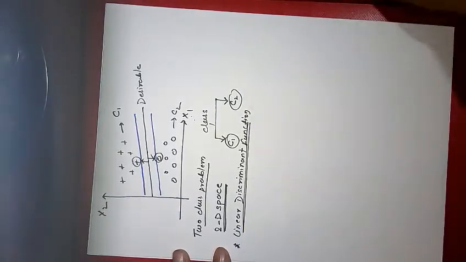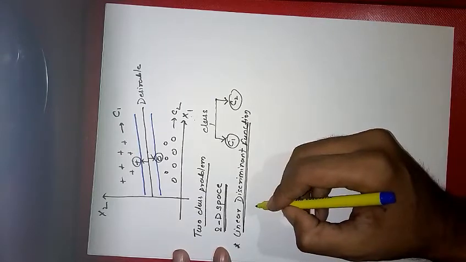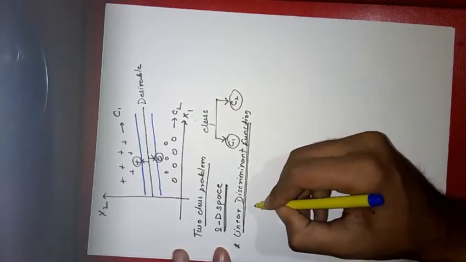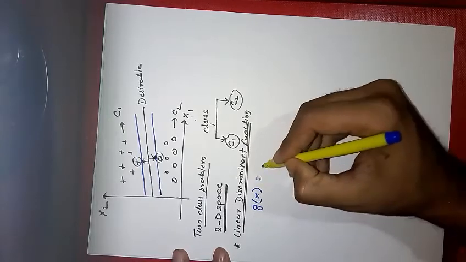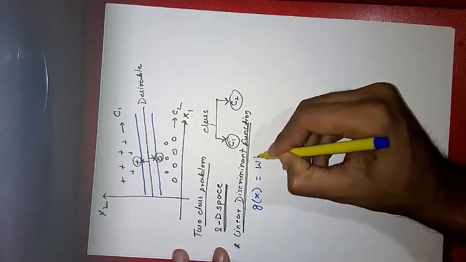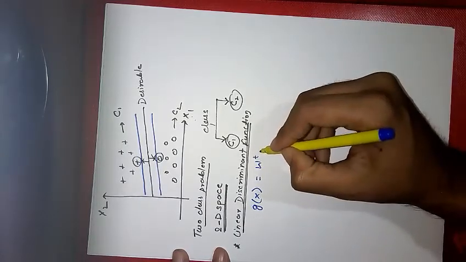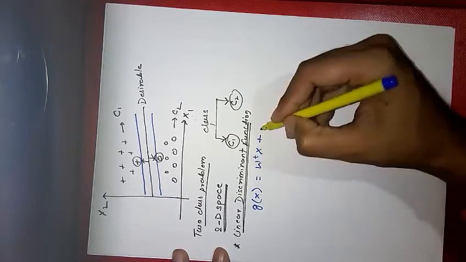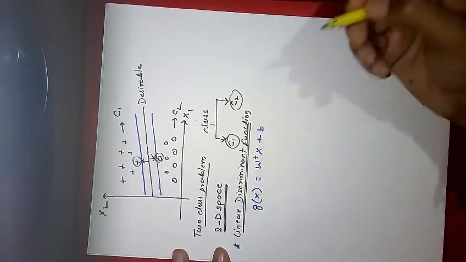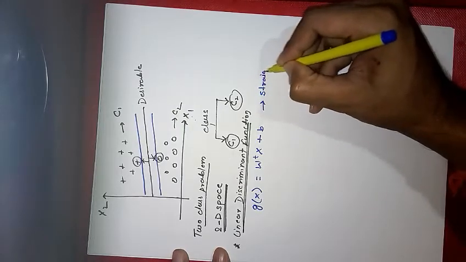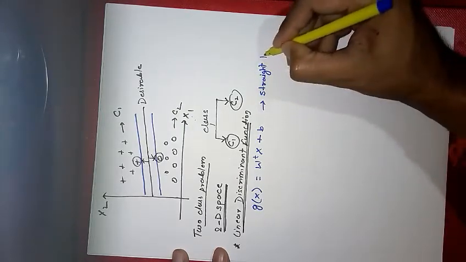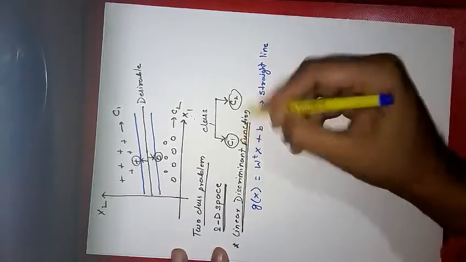It is denoted by G of x equals W transpose x plus B, which actually denotes the straight line, the line which separates the two classes.